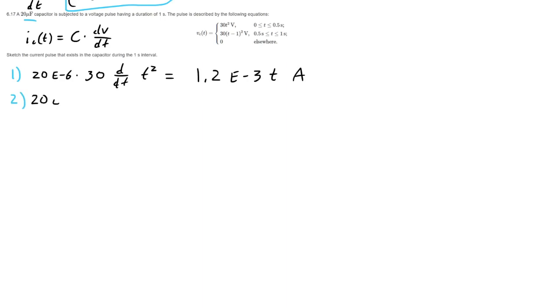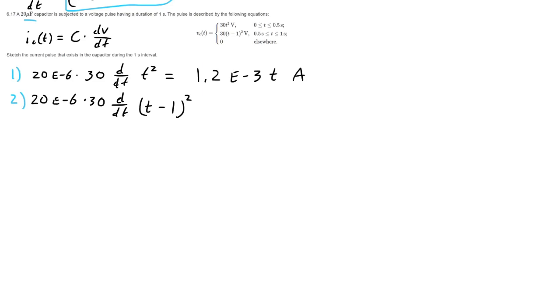So 20 × 10^-6 times 30 times d/dt of (t minus 1) squared. We're going to do the chain rule.